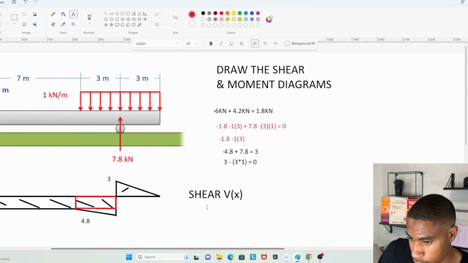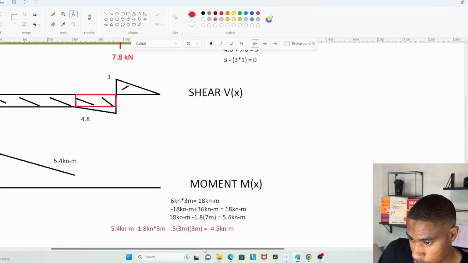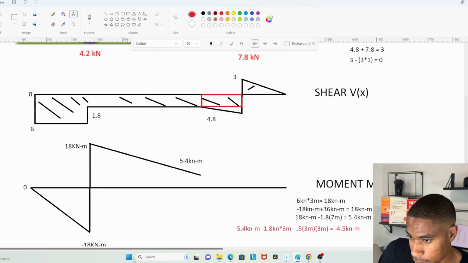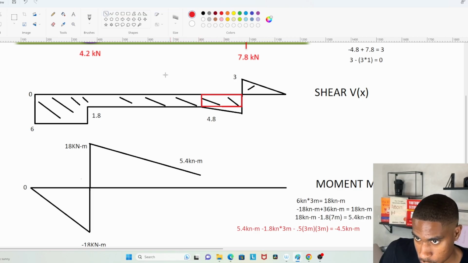So in this particular case, we have negative bending, so it's going to be concave down. Let's see if I can do this right on the first try.